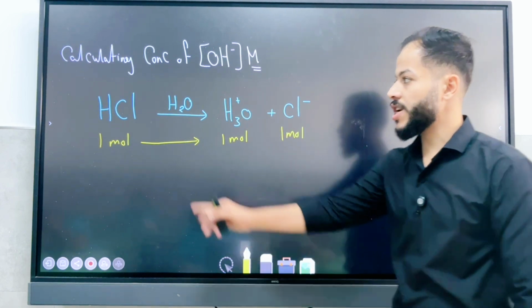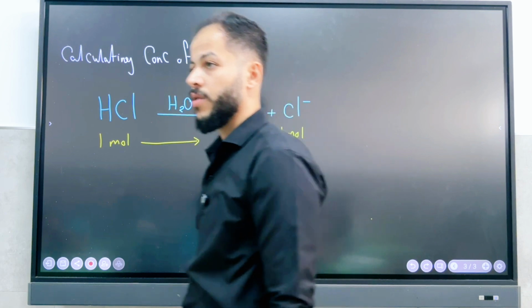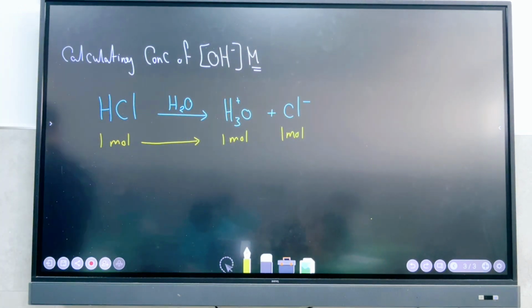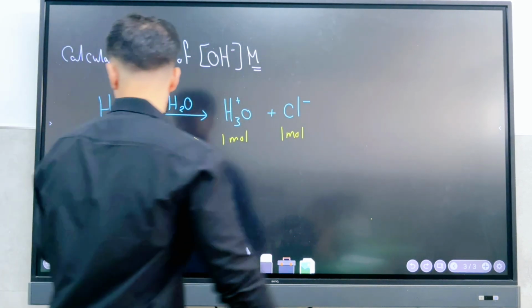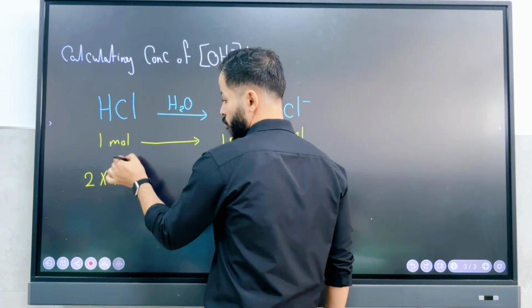The given molarity of the HCl in the book, Ziad, how much? Hydrochloric acid here: 2 times 10 to the power negative 4.